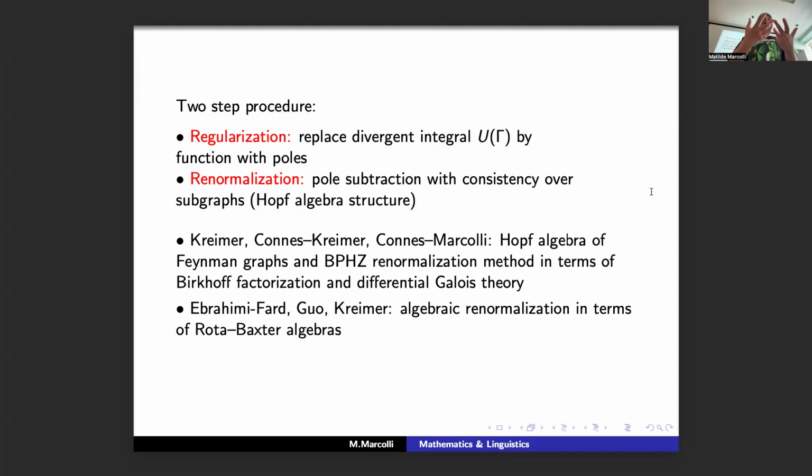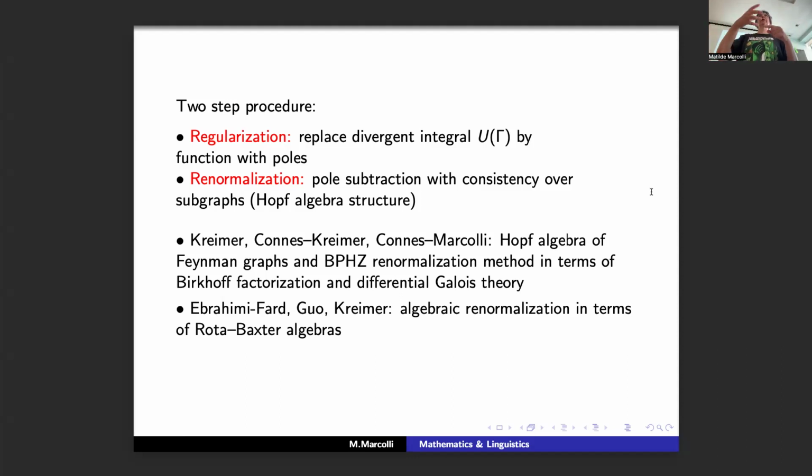And so, in particular, if you have divergences that are coming from subgraphs, you have already encountered them at earlier stages in your normalization procedure, because these are going to be graphs of lower order. So you have already done the renormalization at lower order, which means that the way you do it at higher order has to take into account how you have already renormalized the lower orders.